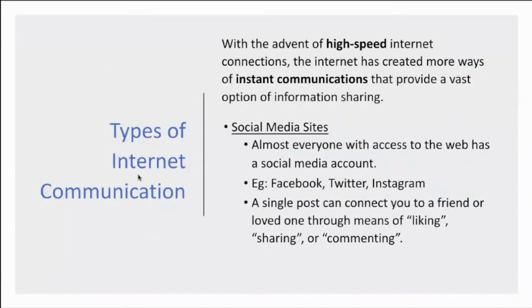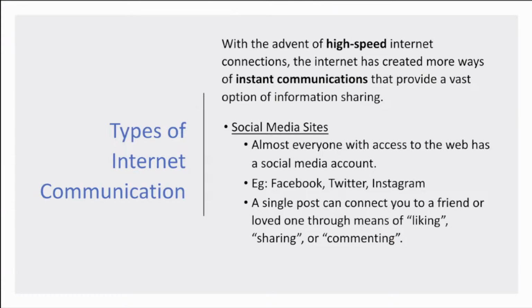Okay. Then let's see what the types of internet communication are, how we can do this internet communication, and which platforms we are using. For this, we need a high speed internet connection to access the World Wide Web or applications or anything.